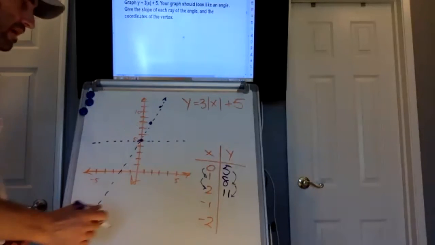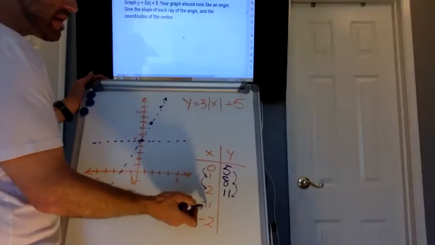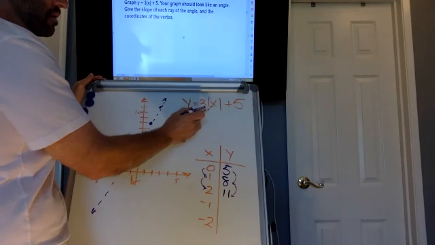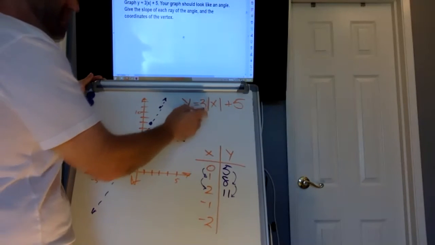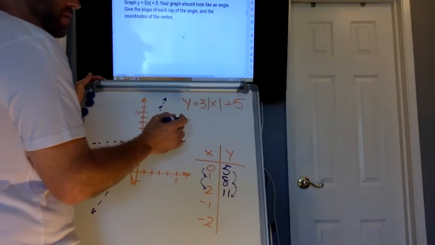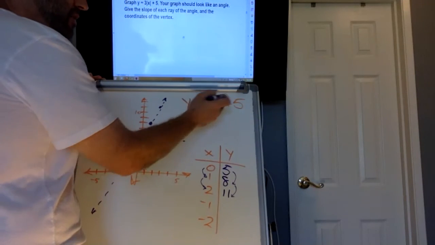But let's now investigate what actually happens. Put in a -1 now. What is the absolute value of -1? 1. Now all of a sudden the absolute value did something. When you put a negative in is when it changed. Okay, so now 1 times 3 is 3. 3 plus 5 is 8.